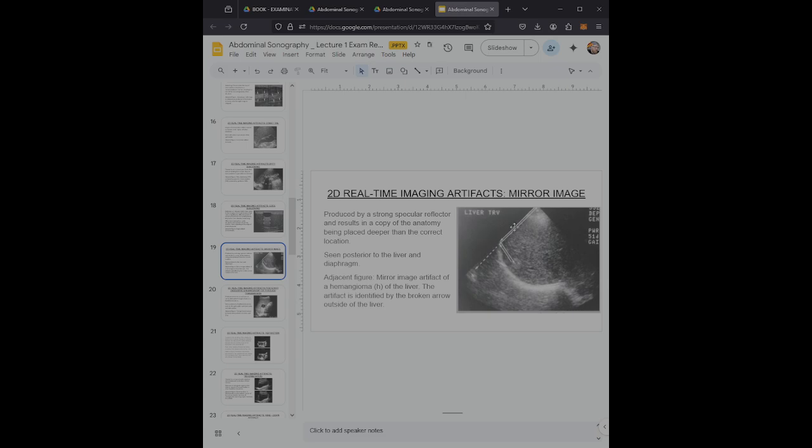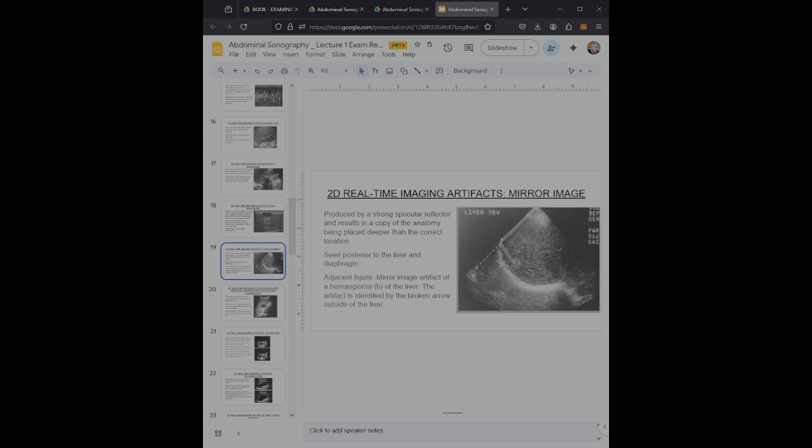A mirror image. Mirror images are produced by strong specular reflectors, and this results in a copy of the anatomy, placed in a deeper region than its correct location. A good specular reflector is a diaphragm, imaged there.